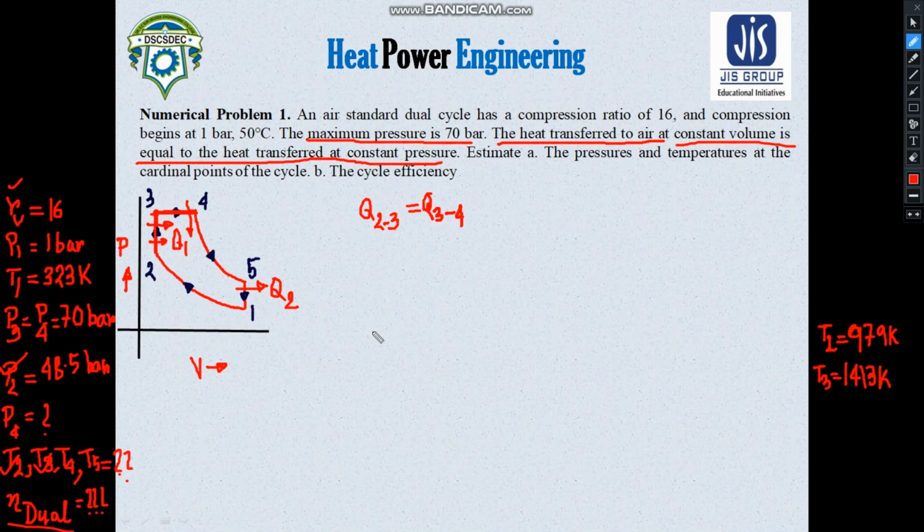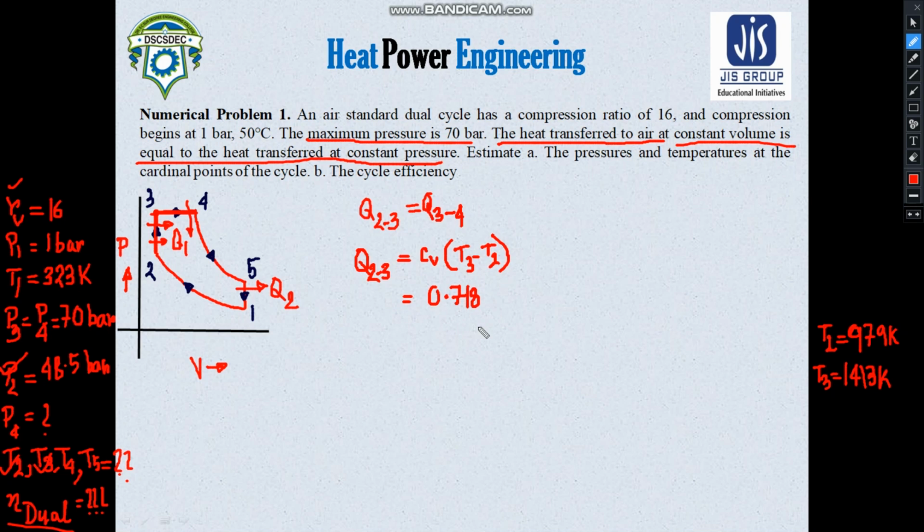Now the question is, how do we calculate this Q2 to 3? Is it possible to calculate for us? Yes, it is, because Q2 to 3 would be simply calculated as Cv into T3 minus T2. Since this is a constant volume heat addition, if you go through the previous lectures, you will find that the internal energy change is equal to the heat transfer here. So what is the value of Cv? Cv for air is always 0.718. Please remember this value.